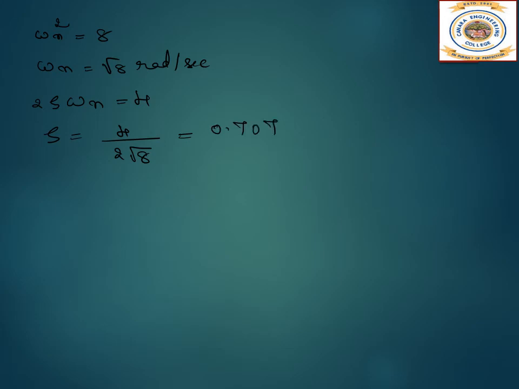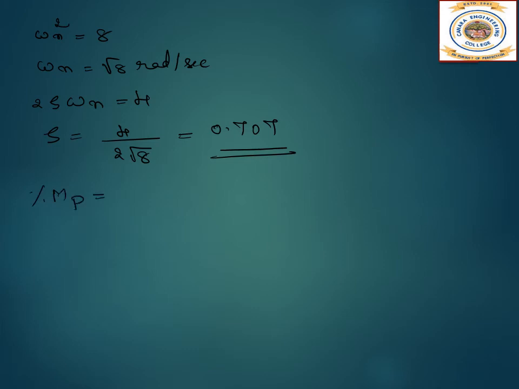Omega n square equals 8, or omega n is equal to root 8 radians per second. 2 zeta omega n will be equal to 4. So what is zeta? 4 divided by 2 root 8. Calculate this using a calculator. It's 0.707, the zeta.